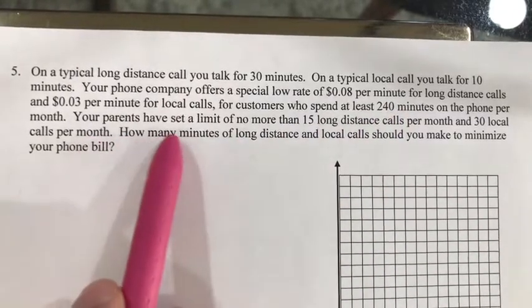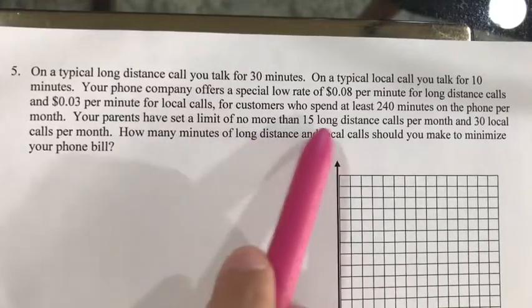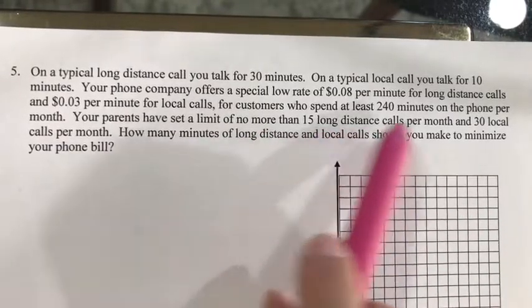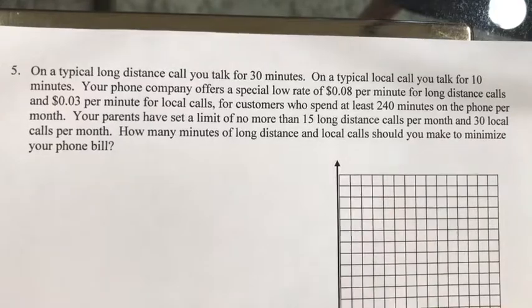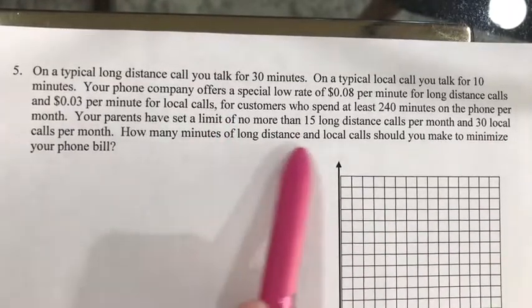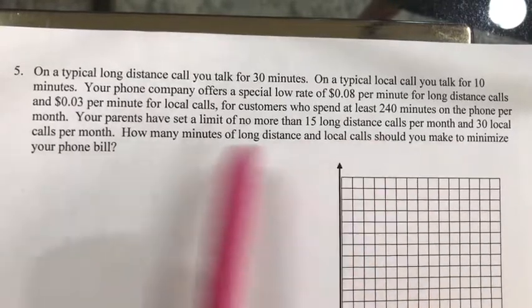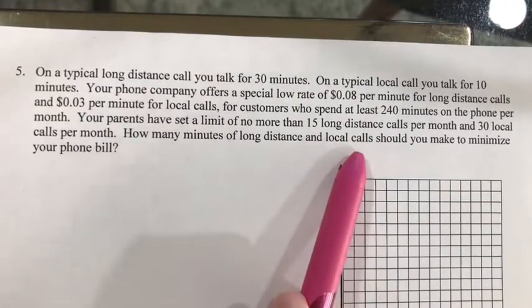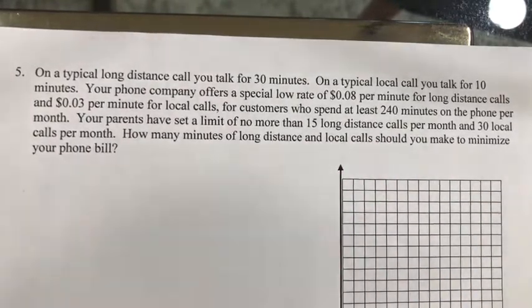So your parents have set a limit of no more than 15 long distance calls and 30 local calls, okay? So we need to figure out how to minimize our phone bill, how many long distance calls and how many local. So first, let's actually break this down a little bit.